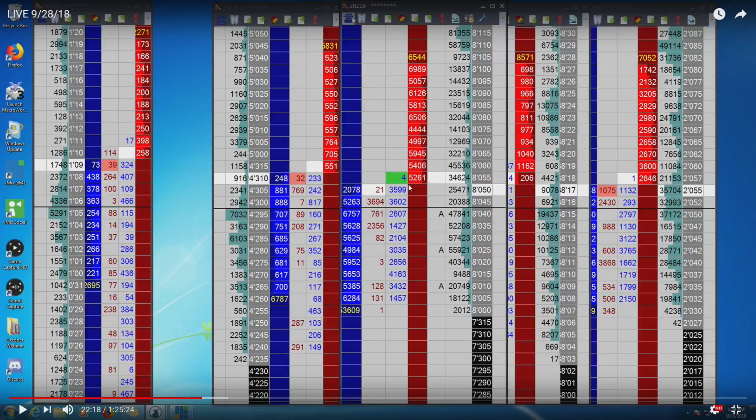Now, obviously, there's 5,261 contracts up here. The market looks way stronger, and there's only 2,078. If we're trying to get this break-even trade at this 8050, we have to wait in line, and 2,078 contracts have to trade before we can even break even.